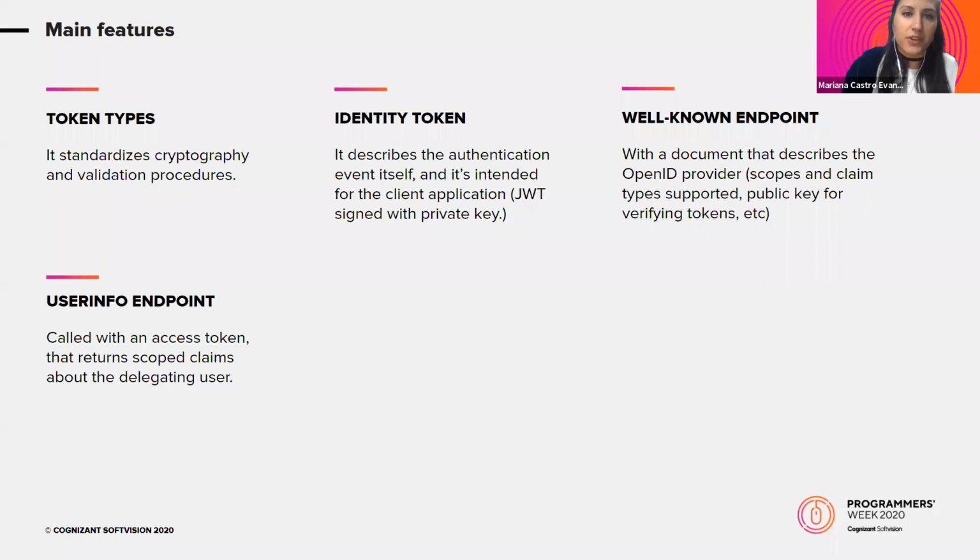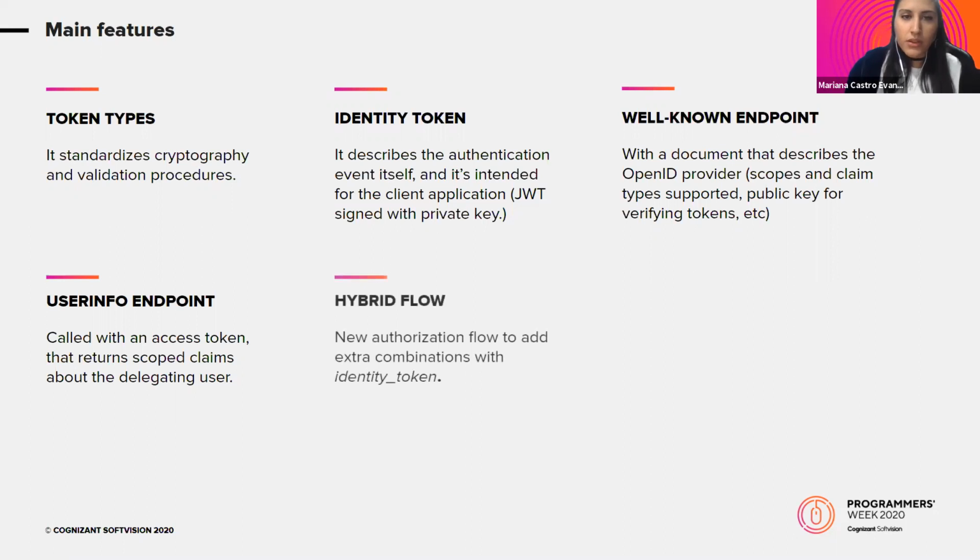OpenID Connect also defines a user info endpoint that we can access sending an access token, and it's gonna return some scope claims about the delegating user. There's also a new flow that OpenID Connect defines that is called hybrid flow, and it's going to add some extra combinations using this identity token that OpenID Connect also defines.